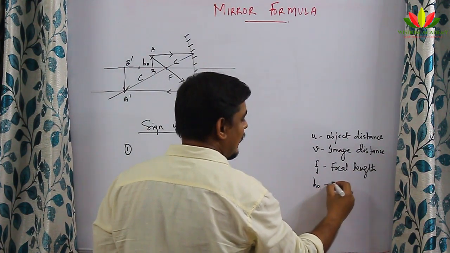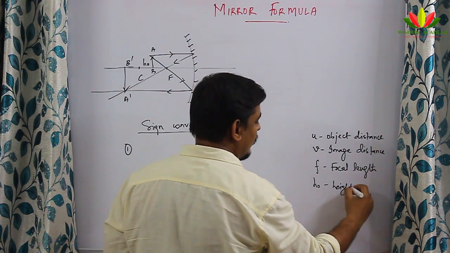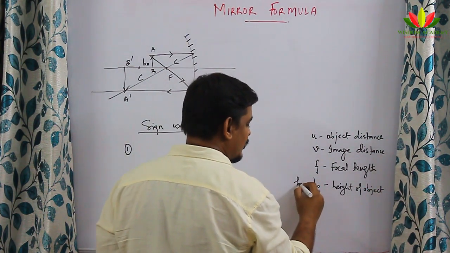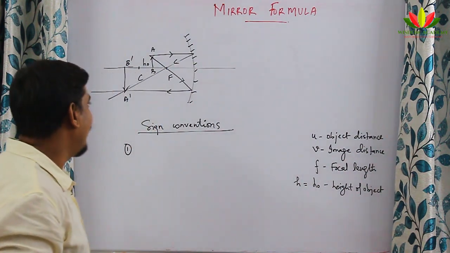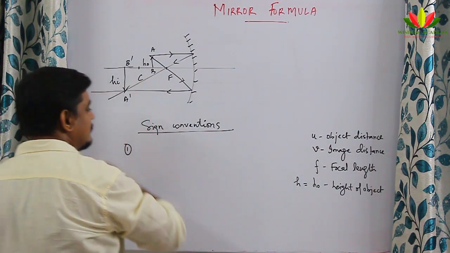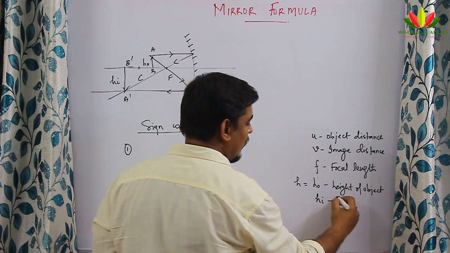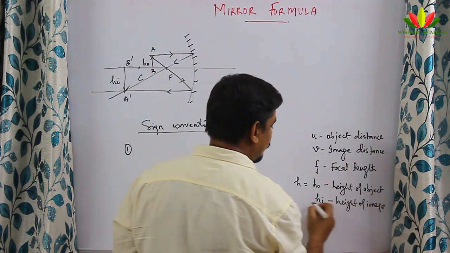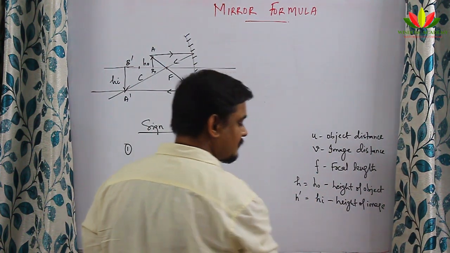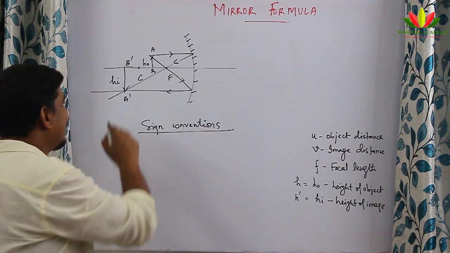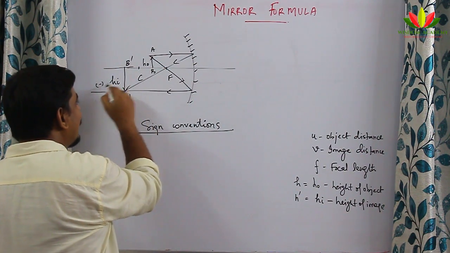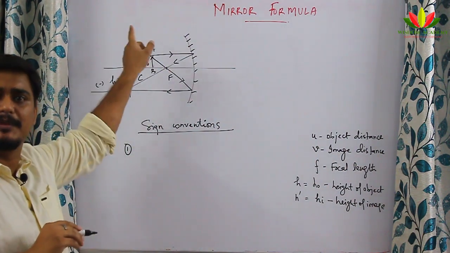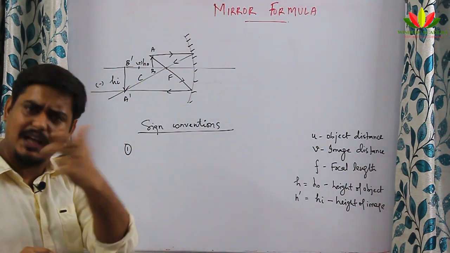HO means height of the object. Some books will also write it as H, both are the same thing. And this is HI, height of the image. Some books will write this as H dash. So here HI will be negative and HO will be positive. Why? Because the image is below the principal axis and the object is above the principal axis. Can HI be positive? Yes, it can be positive.